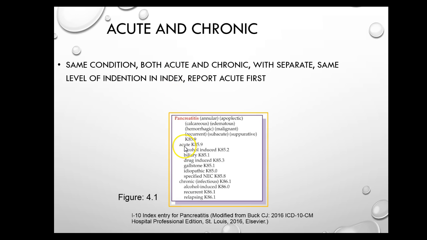So for example, if you see acute indented on the first level and chronic indented further inward, then you don't have to pay attention. You would only code the acute. But in this case, you're going to code them both. Acute, K85.9, verify this in the tabular, and then chronic, K86.1.